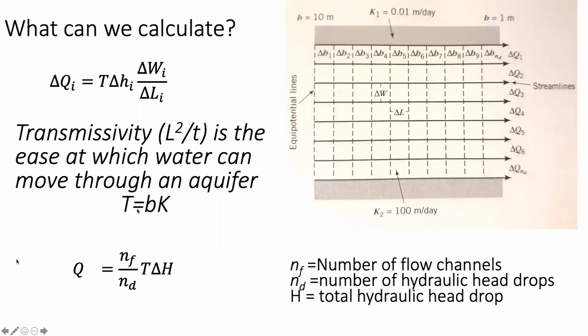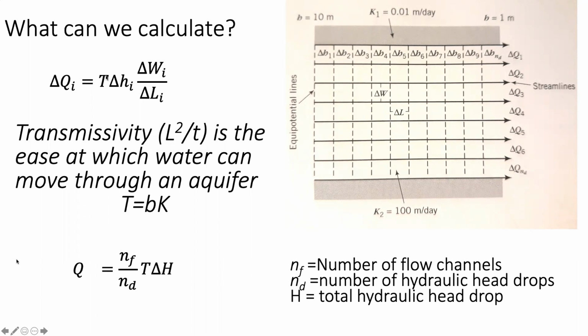Transmissivity is when we take the hydraulic conductivity of a material and multiply it by the thickness of the aquifer. We've always used this term in class B to describe thickness, but in the instance of transmissivity, it's discussing the thickness of the aquifer through which water can move. And our units for transmissivity are length squared per time.